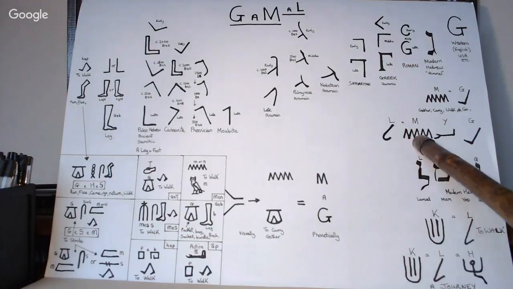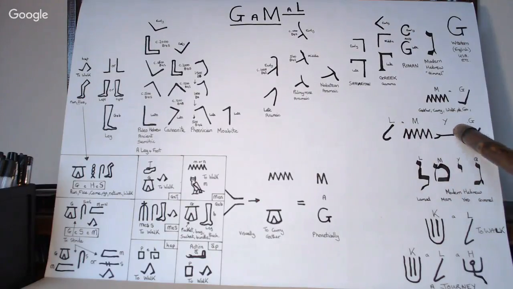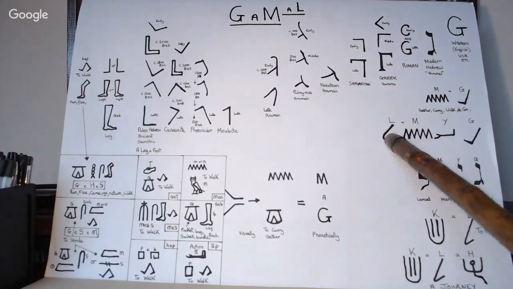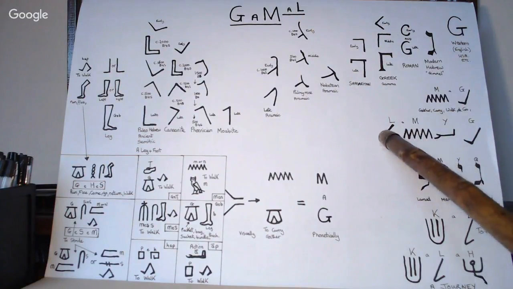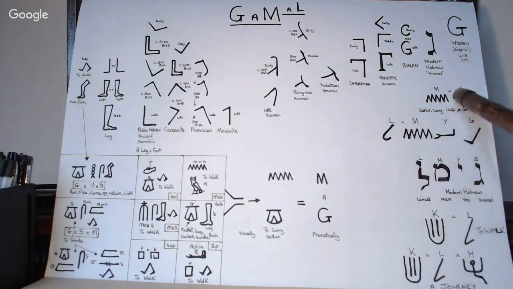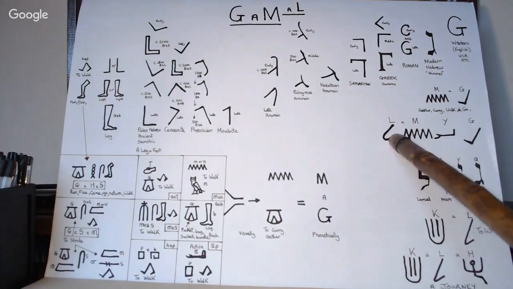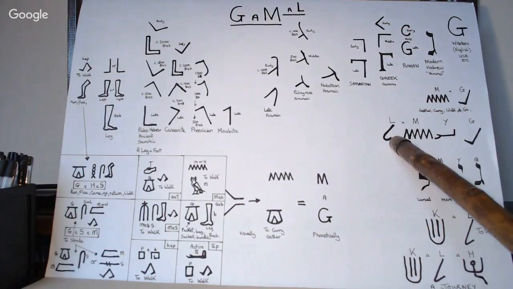Moving on, this is the M sound again, which is the land. So you move your legs over the land, and the L at the end, which they brought in later on to give it the gamal sound of the word, where earlier on it was just basically GAM. The L means to lead. The lamed is the shepherd's crook, which means to lead.